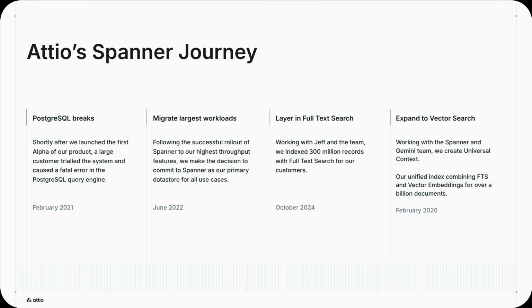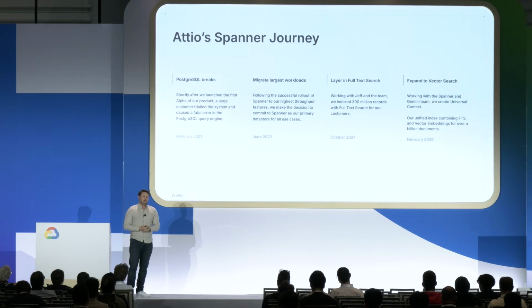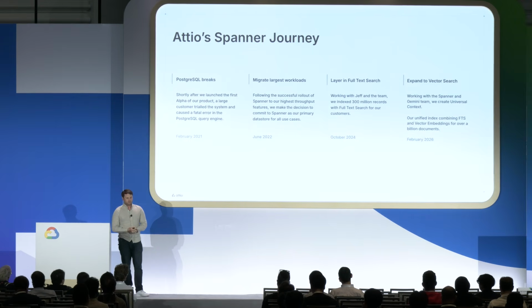This was back in 2021. And at the time, we decided to partner with the Spanner team and to build out the platform on top of Spanner. We didn't anticipate that going quite as well as it did. So we moved our most intense workloads onto Spanner. And by early 2022, we'd realized this was really quite a special piece of technology.